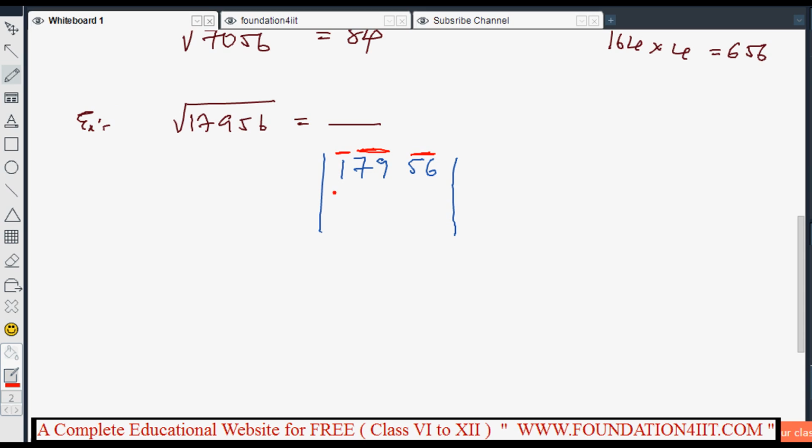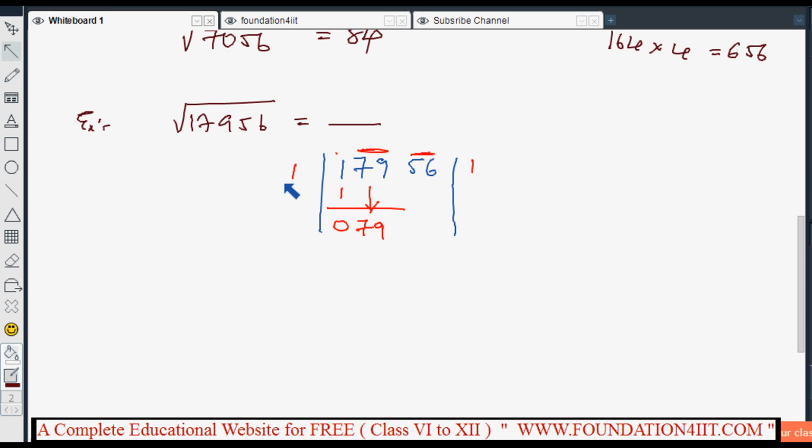1 is a perfect square, so we can write directly 1 ones are 1 itself, because the same number can come. Now if you subtract, this is 0. The next set is 79.